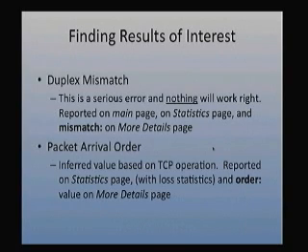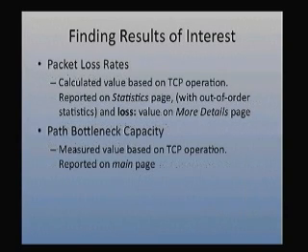The things that it basically looks for right now is duplex mismatch problems, which is a big one right there. But also packet arrival order, packet loss rates, and path bottleneck capacity, which does some of the same sorts of things that John was talking about earlier with the bandwidth estimation tools in order to try and figure out the bottleneck capacity.